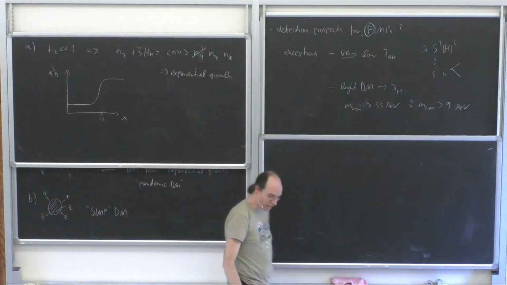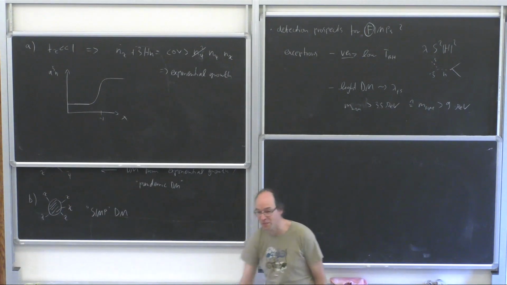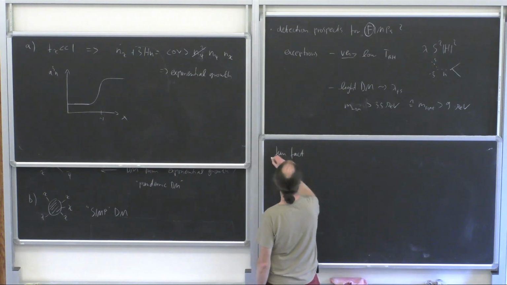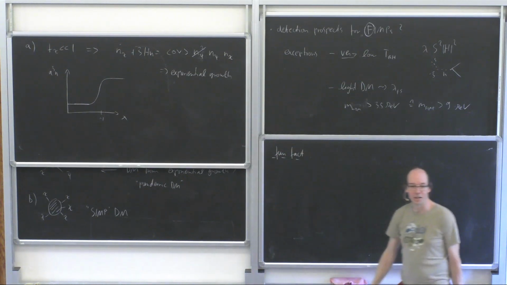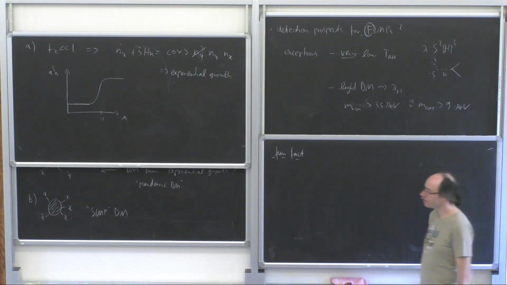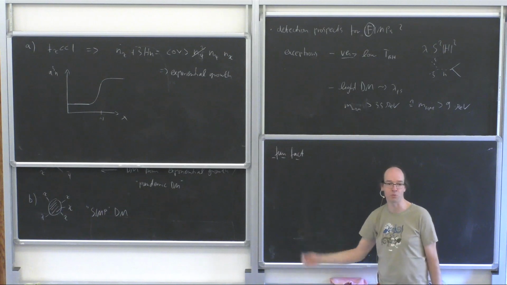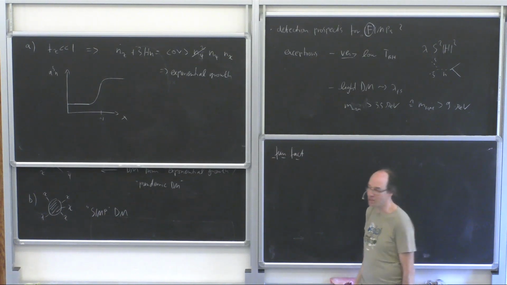Okay, so why do I also call this pandemic dark matter? It's a simple reason. If you look at this equation, exactly the same equation you can use to describe the spread of diseases in a population.